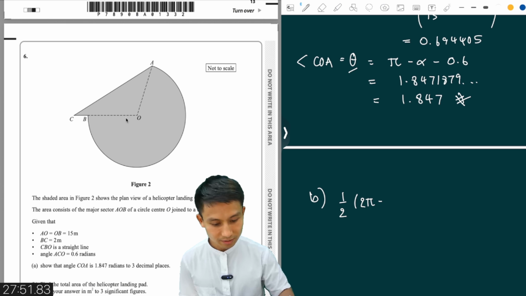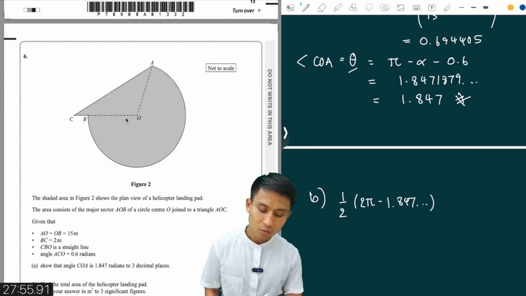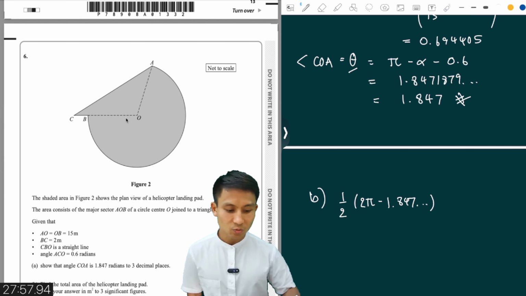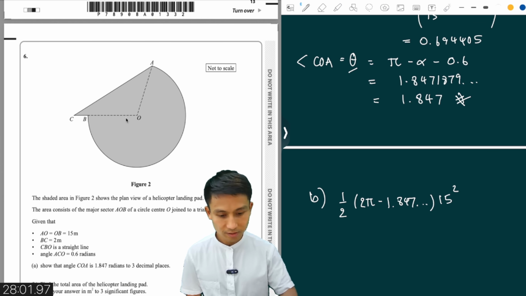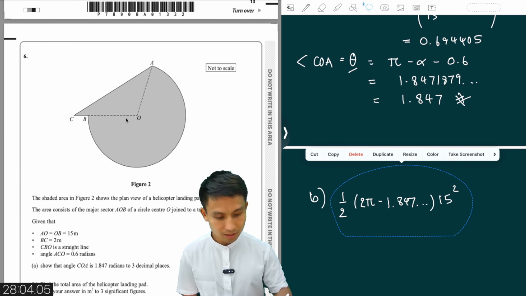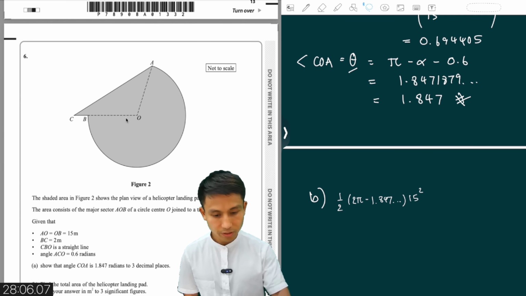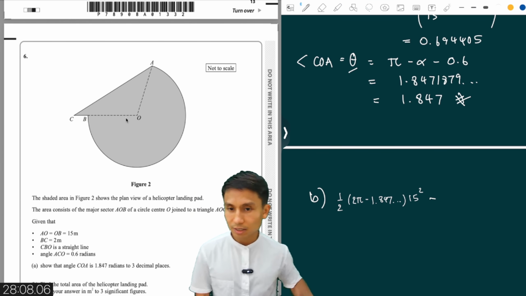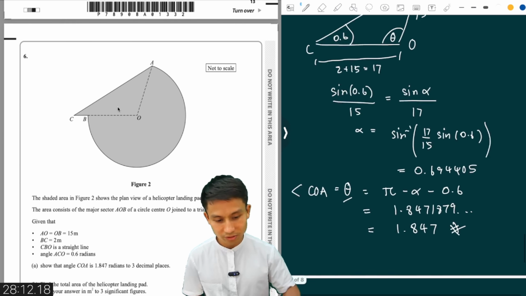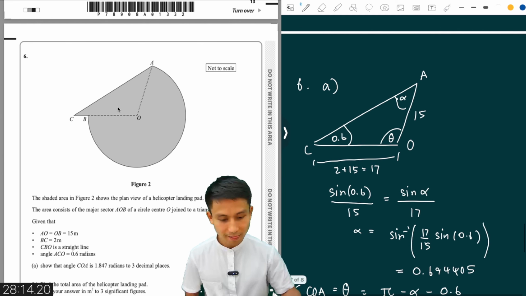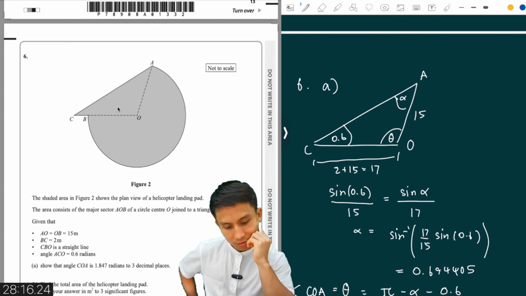Just going to write that. 1 over 2 theta r squared, so r is 15 squared. And then we're going to add the area of the triangle, which we had in the diagram here. Which one should we do?